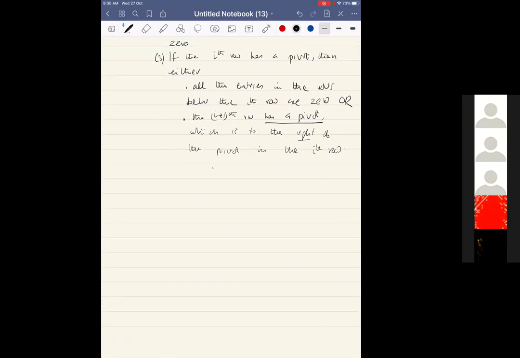And I think there are even online tools which will automatically tell you how to bring a matrix in row echelon form. If you feed in the matrix, it will spit out the corresponding matrix in row echelon form. So what do I mean by that? I am jumping ahead of myself. So here is the main result.